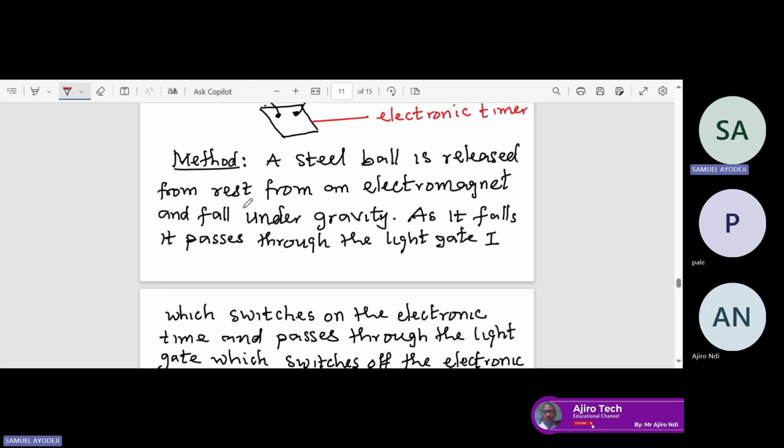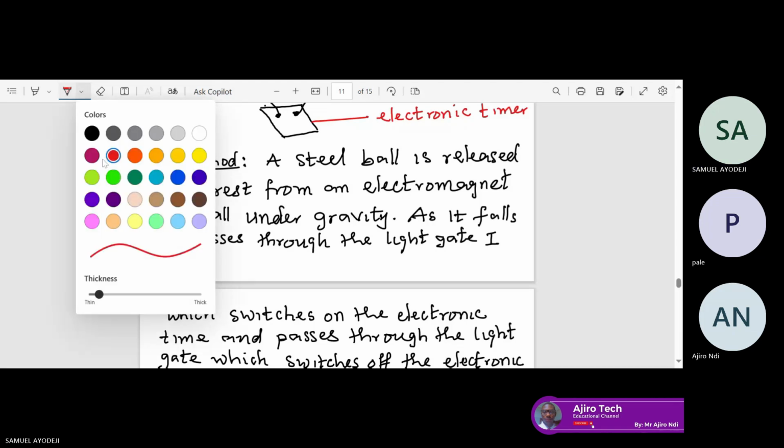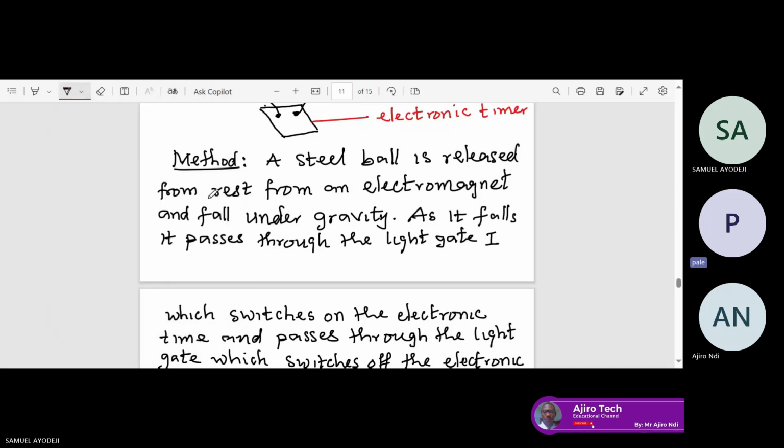A steel ball is released from rest from an electromagnet and falls under gravity.